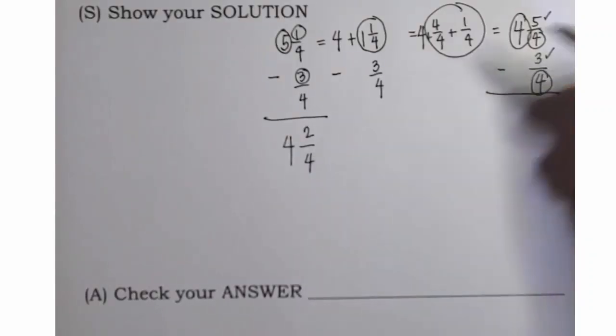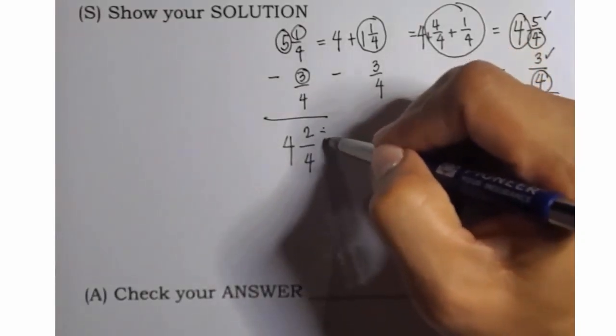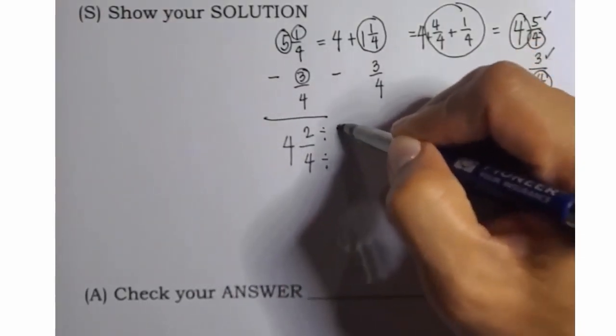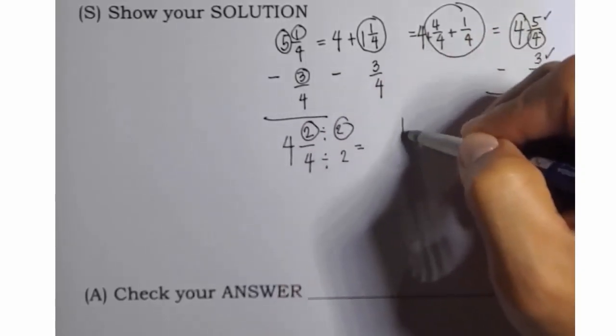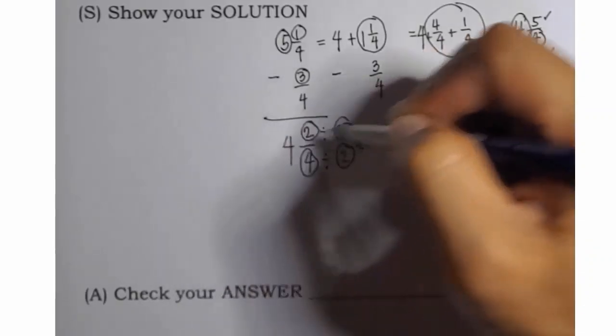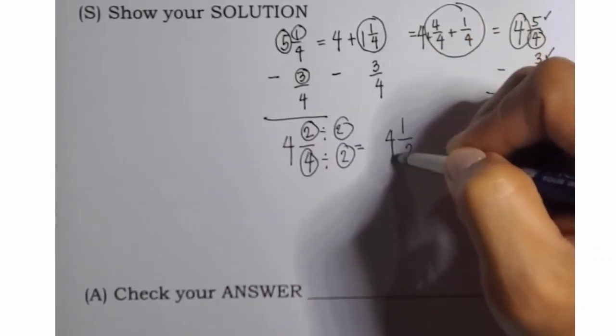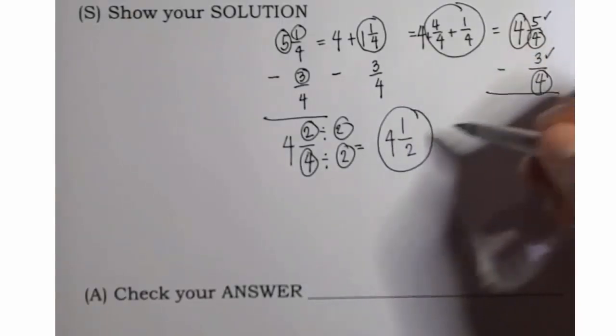Our fraction is not yet in its lowest term. We could still divide both 2 and 4 by 2. So, i-divide natin yung 2 sa 2, that is equal to 1. 4 sa 2, that is equal to 2. Then you just copy your whole number 4. Your answer is 4 and 1/2 meters left.